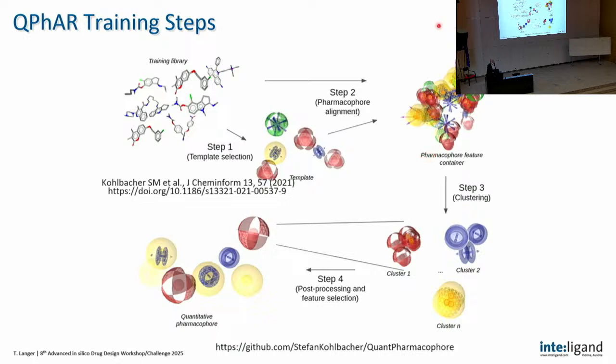You have a pharmacophore feature container, then you do a clustering, take the centers of the clusters, put the features there, and then you have a post-processing step where you learn with a method that is able to deal with a low number, 20, 30, 40 molecules, maybe 50 molecules, like random forest, something like that, or support vector machine, to generate then this quantitative model.